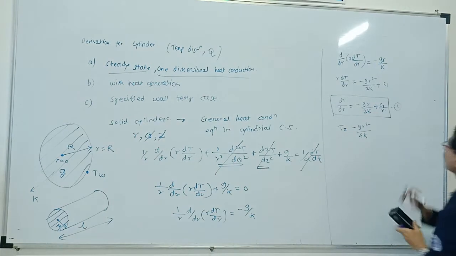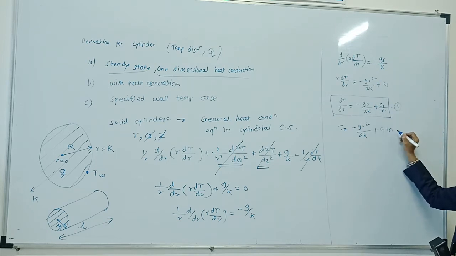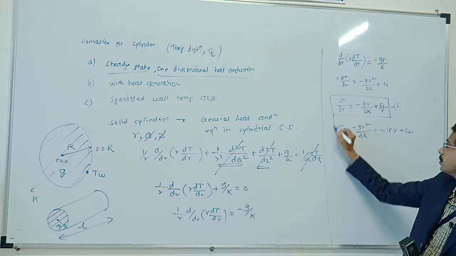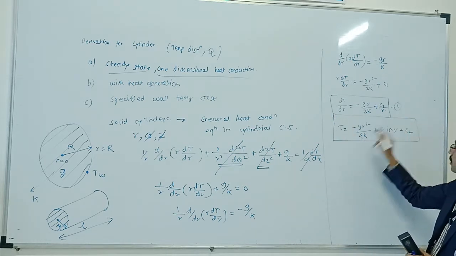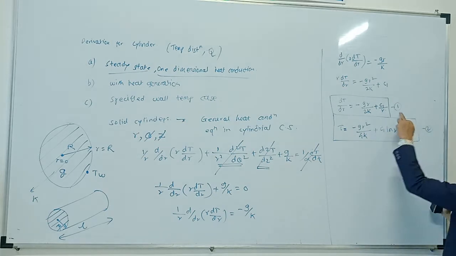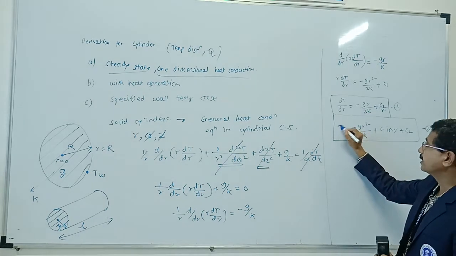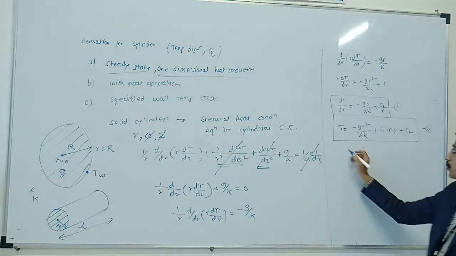Now plus the integration of c1 by r, where c1 is constant: the integration of 1 by r is natural log of r, plus another constant c2. So this is your second expression, equation 2. The first expression is for dT by dr and the second is for capital T. Now what are the boundary conditions?